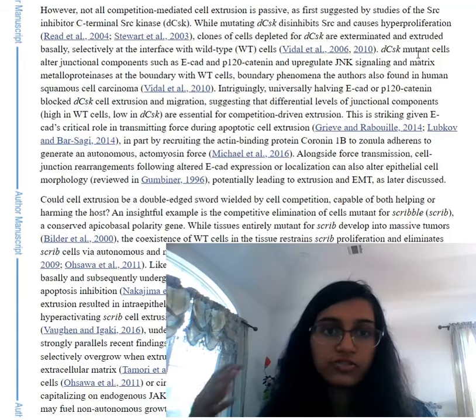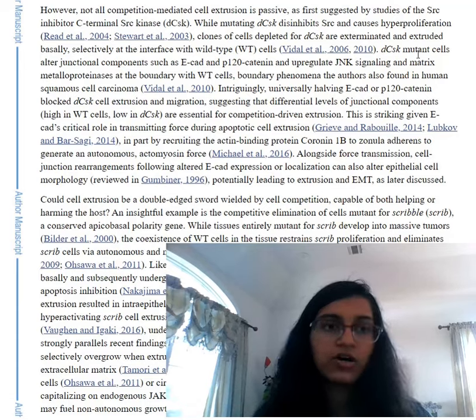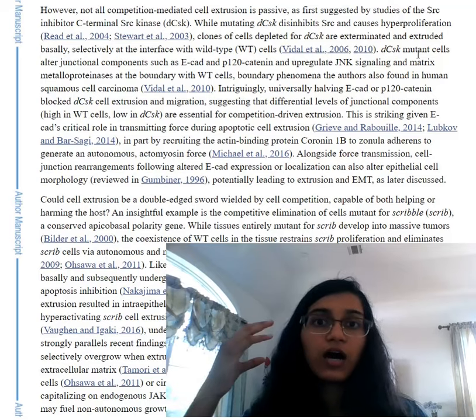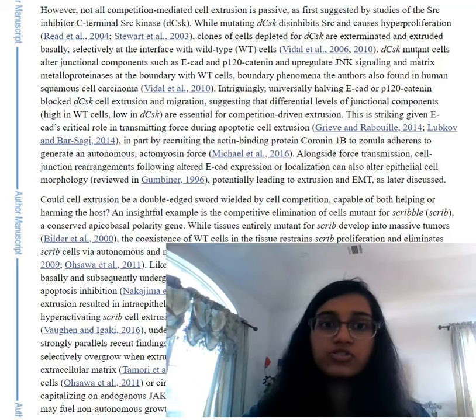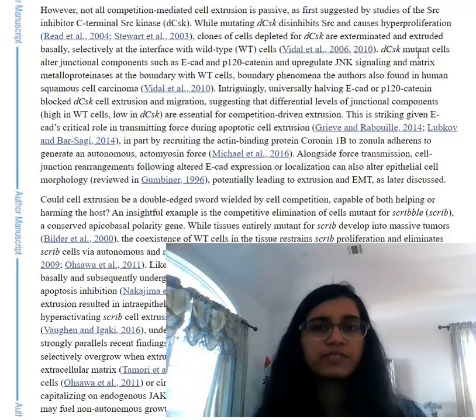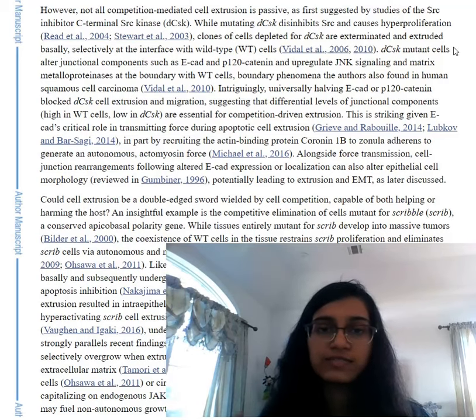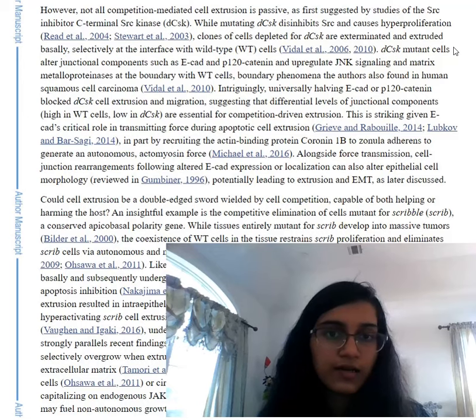And if J and K is upregulated, then these are also symptoms that are found in squamous cell carcinoma. So again, you want to have this kind of balance where you don't have too much cell extrusion, but you don't have too little either. That's basically all they're saying in this section. So DCSK mutant cells have to be eliminated.